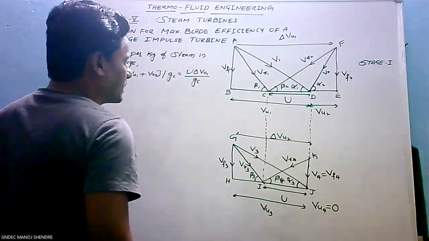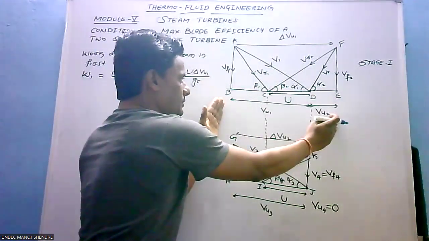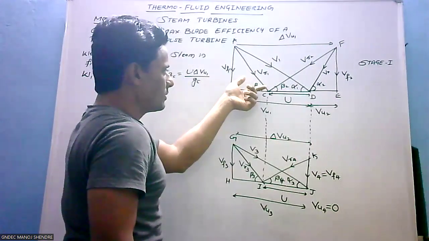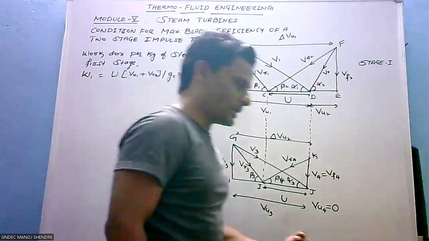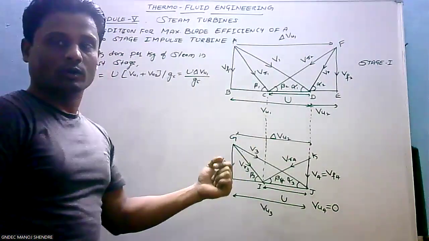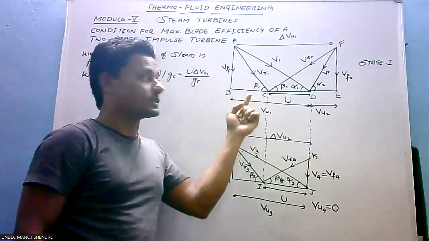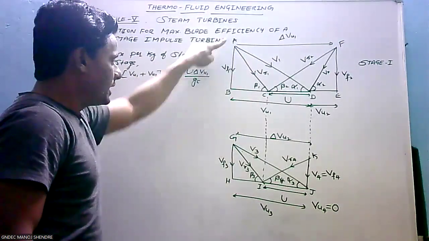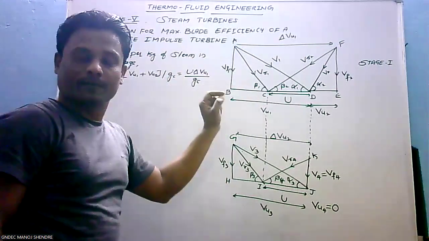Okay, now look at the board carefully. So delta VU can also be written as VR1 cos beta 1 plus VR2 cos beta 2. Look at the right angle triangle ABC carefully.